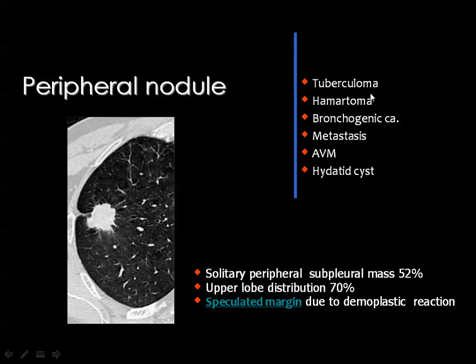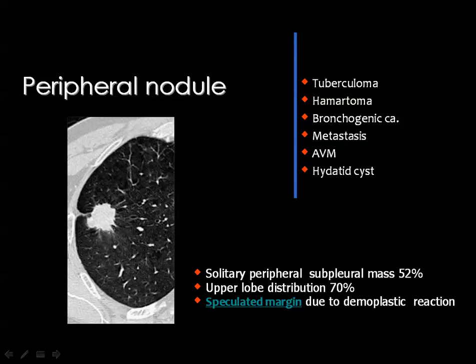The 6 common pulmonary nodules are the tuberculoma; hamartoma with a smooth margin, may contain calcium; bronchogenic carcinoma with a speculated edge, does not contain calcium usually; metastases, which are multiple or solitary, and the patient is known to have a primary malignancy; arteriovenous malformation, a nodule connected to the hilum by 2 cord-like structures representing the feeding artery and the draining vein; and also the hydatid cyst, which is the only nodule or mass in the lung containing water.